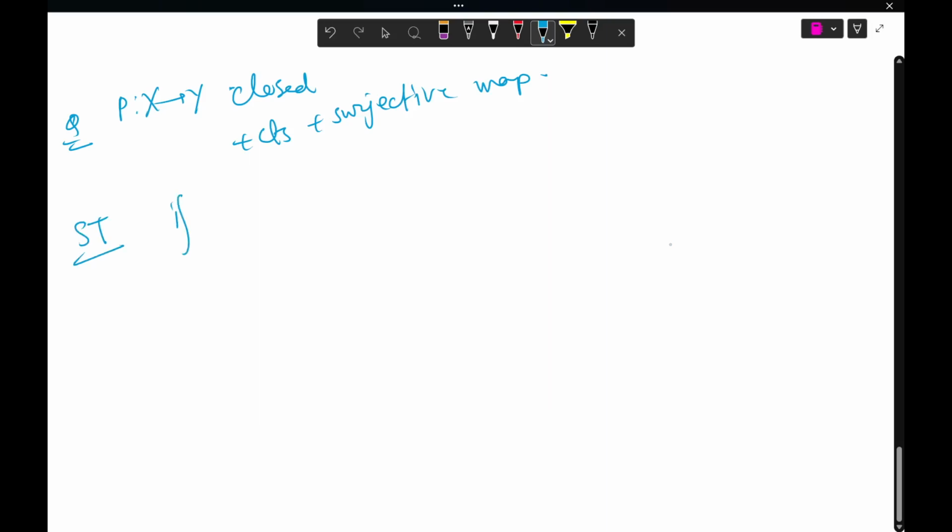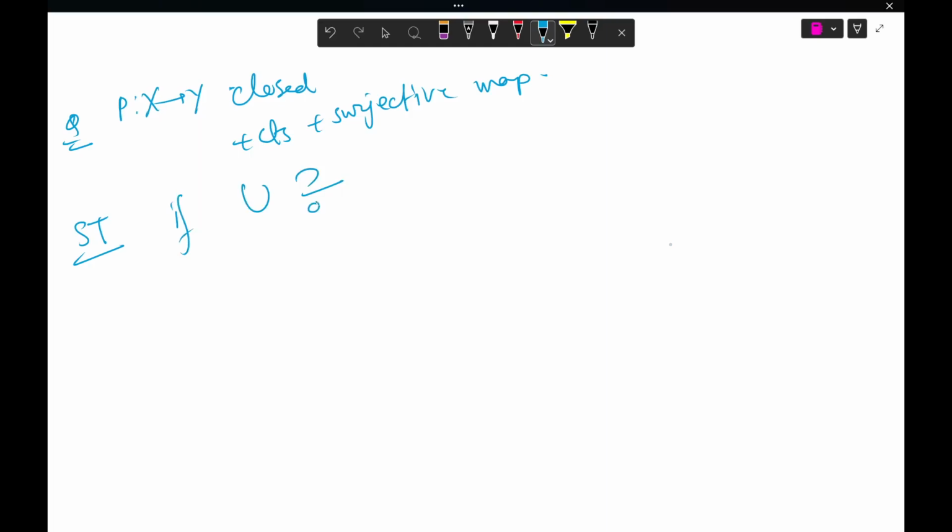Show that if U is an open set containing P inverse of singleton y, then there exists a neighborhood W containing y such that P inverse W is a subset of U. It's a tricky problem, so take your time and think about it.